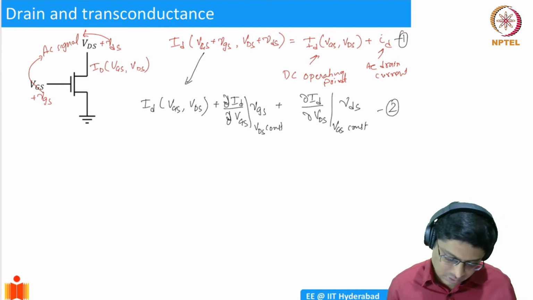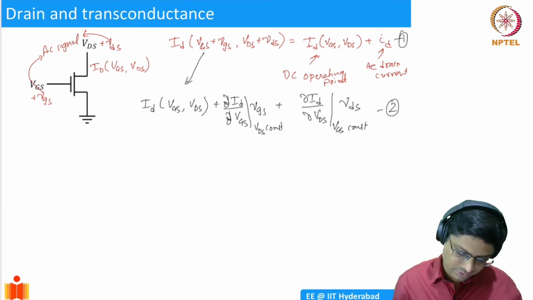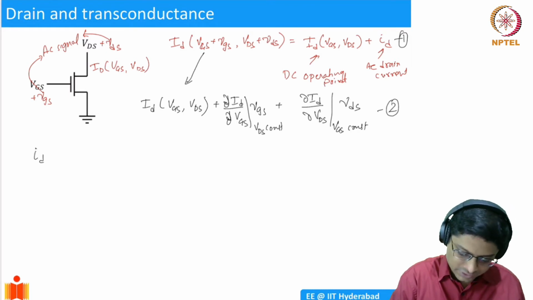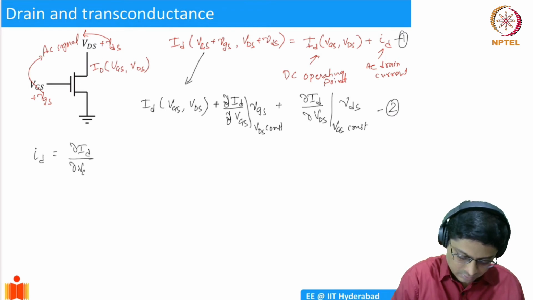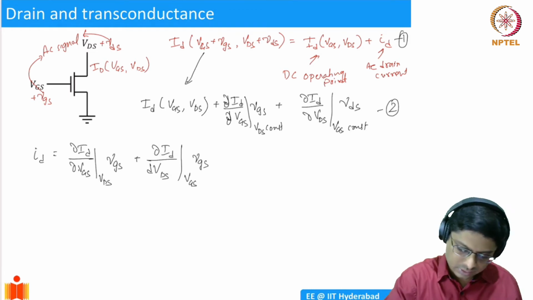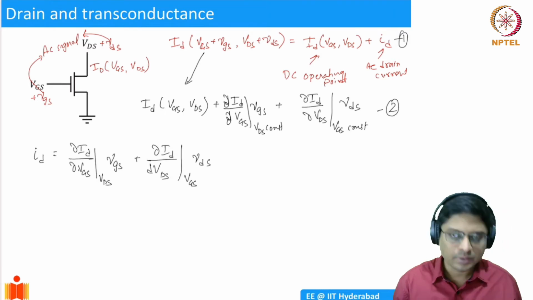By subtracting, what essentially you get is ID, the small signal current, is going to be equal to dID by dVGS at constant VDS times VGS plus partial derivative of ID with respect to VDS at constant VGS times VDS.